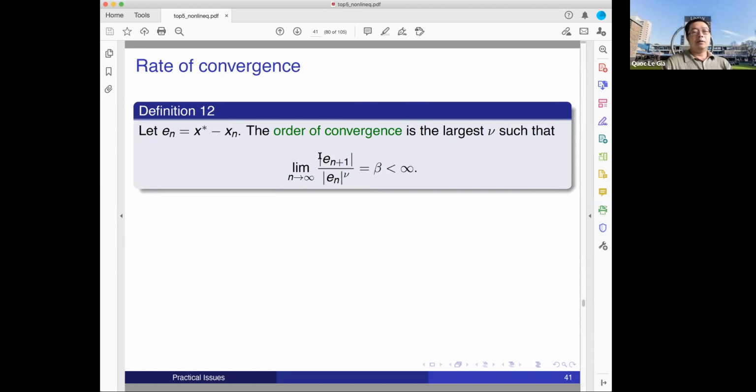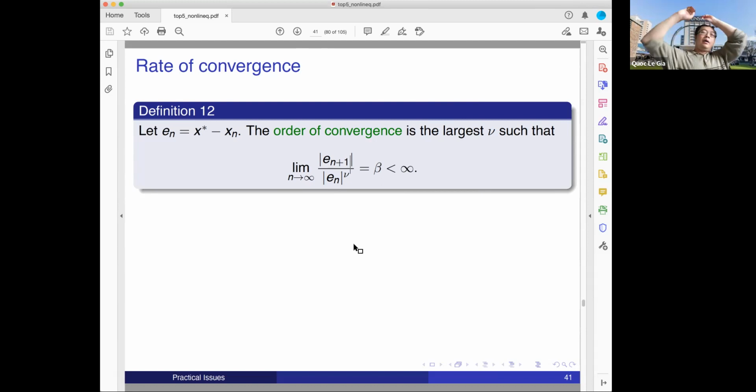As long as you have the limit of the quotient in absolute value, e_{n+1} over e_n to the nu, equal to beta, then we say that the order of convergence of the method is nu.